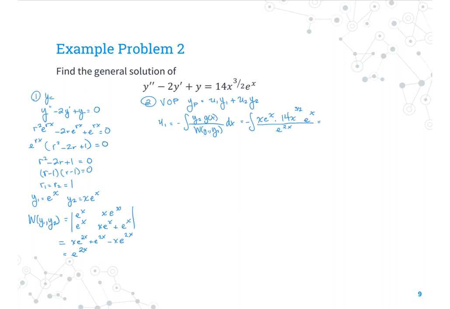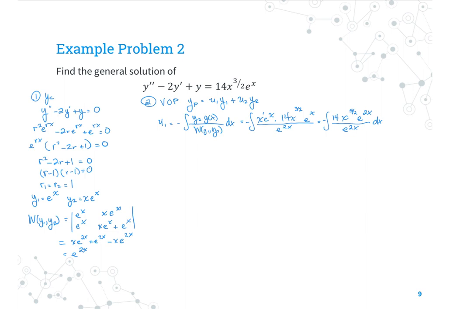Well, an interesting thing happens then. We end up with our negative still on the outside. We have 14 x to the 3 halves times an x to the 1 makes it x to the 5 halves. And then we get e to the x times e to the x is e to the 2x, all over e to the 2x dx.